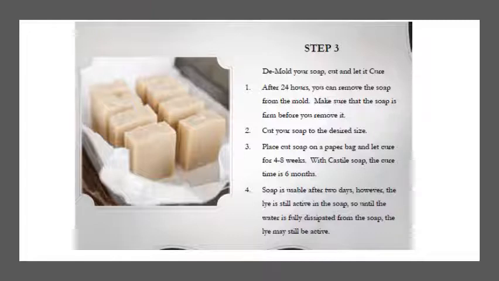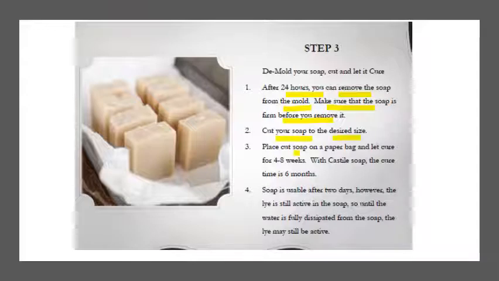The last step in the cold process is demolding the soap and letting it go for packaging and use. After 24 hours, we can remove the soap from the mold. Make sure that the soap is firm before we remove it. Cut the soap to the desired size.